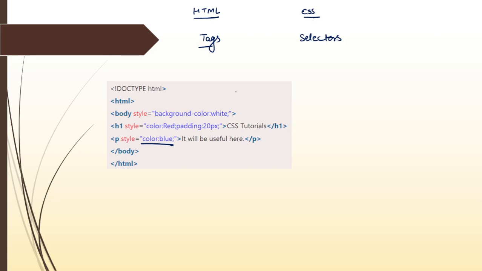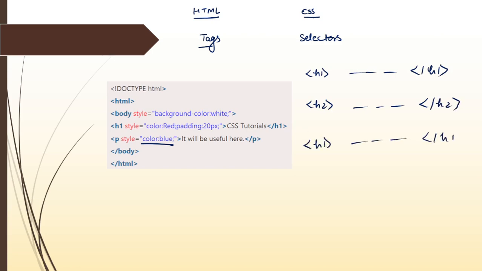For example, if I am using h1 something something like this, then I am using h2, again I am using h1, and close this. I want this h1 in a red color and font style Arial.